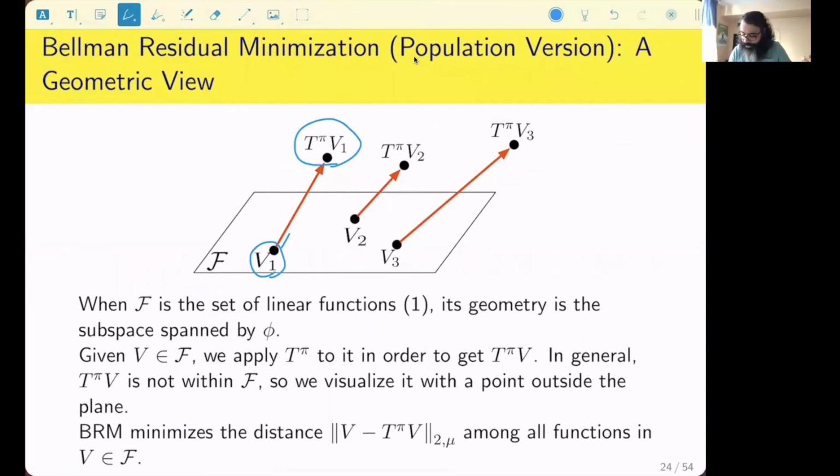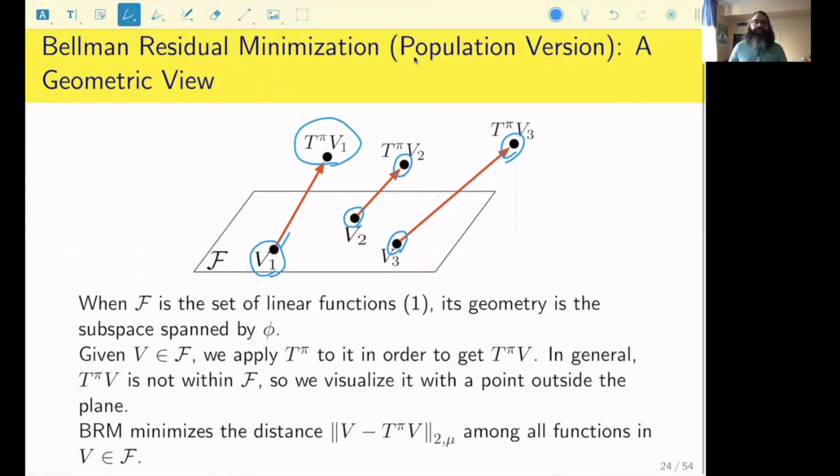So for different points, we have different T pi V's. And here, Bellman residual minimization is trying to minimize the size of this vector, maybe you can think of it as the Bellman residual function, and find a V that has the minimum distance.